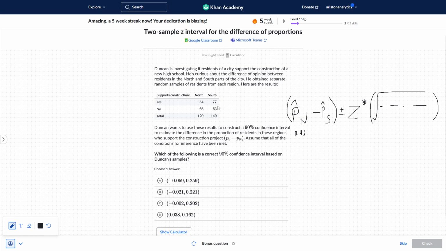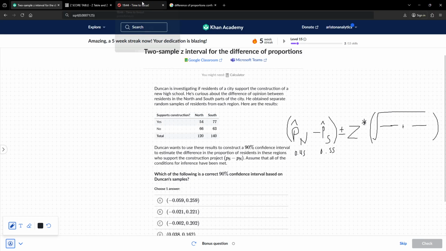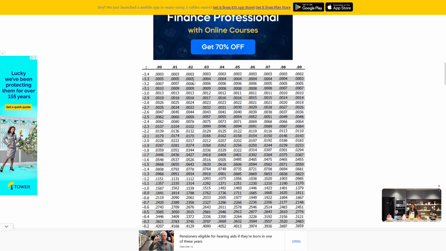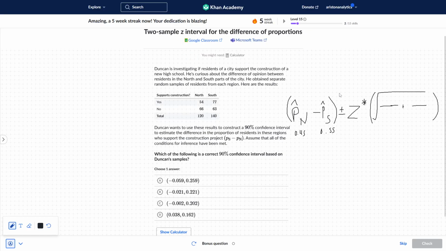0.45. 55%. 5% on both sides. Negative 1.65. 1.645. One 20, 140.